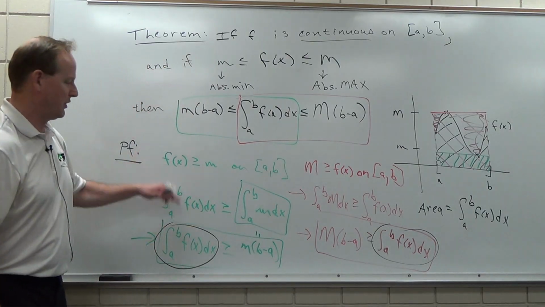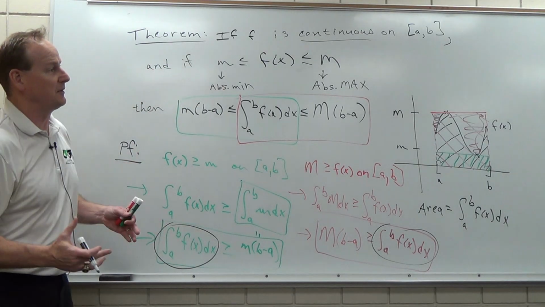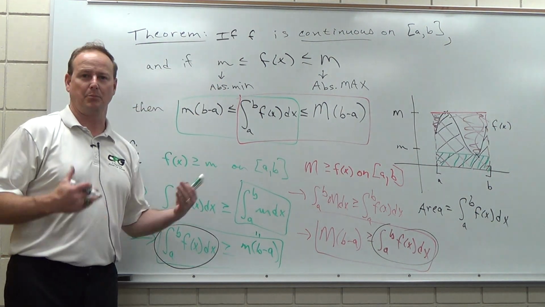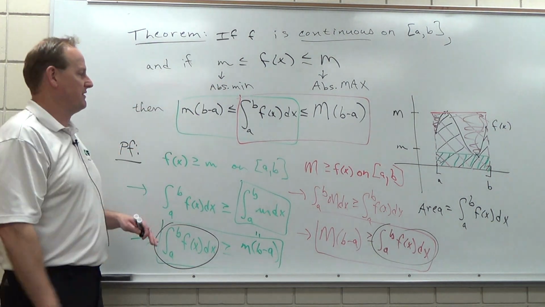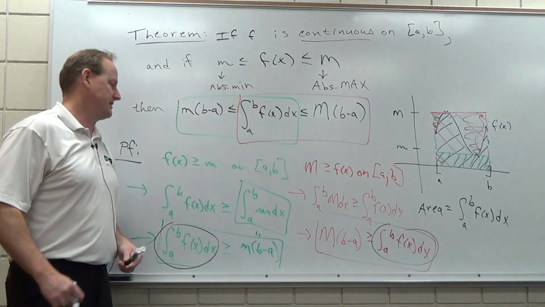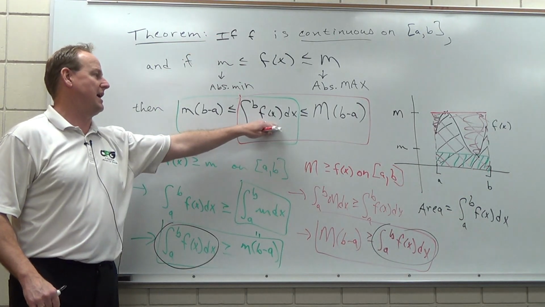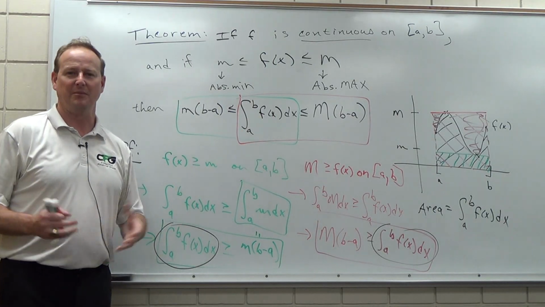So this is a nice proof that utilizes the previous theorem, which really this would be a corollary to, or you could say that previous theorem is a lemma to this theorem here. So a couple of nice theorems, nice results that talk about the definite integral from a to b of a function.